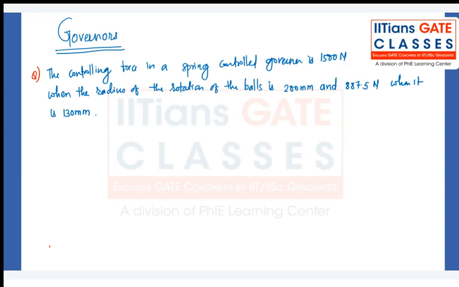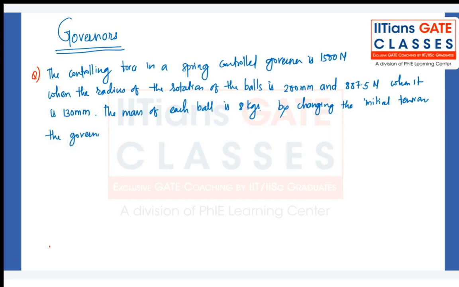The mass of each ball is 8 kg. By changing the initial tension, the governor behaves as an isochronous governor.